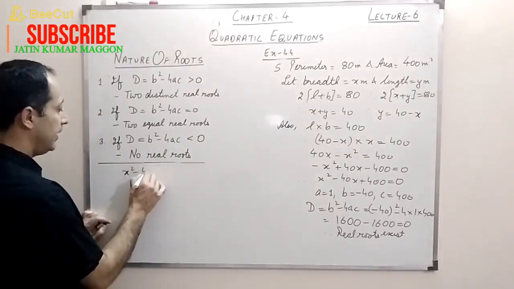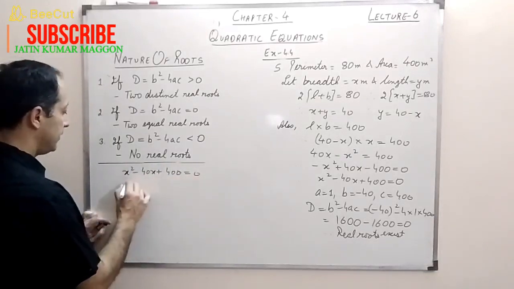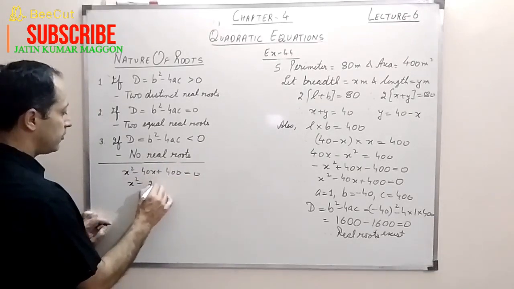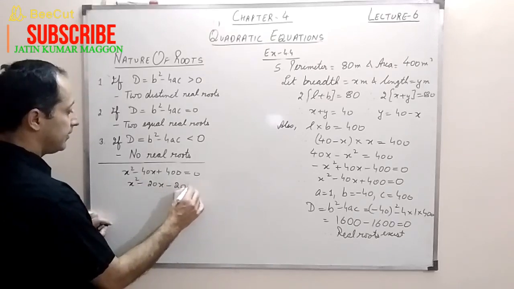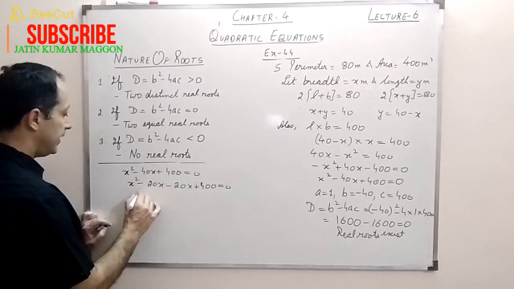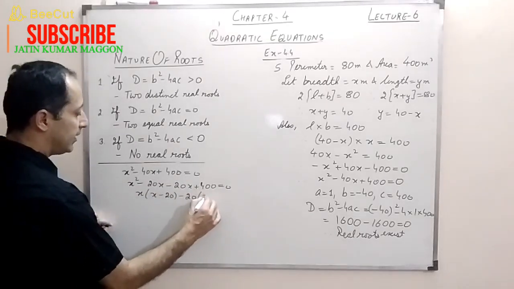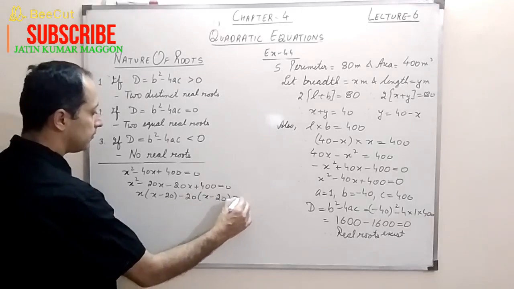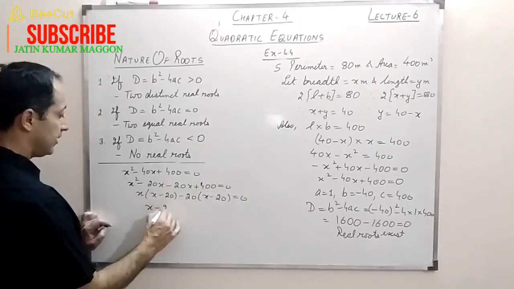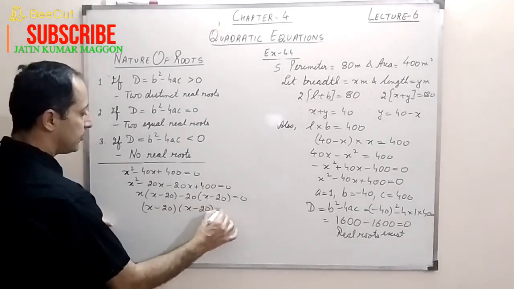If we apply the factorization method, then also we can simplify. This is x square minus 20x minus 20x plus 400 equals 0. Or we can say x into (x minus 20) minus 20 into (x minus 20) equals 0. So we have the factors (x minus 20) into (x minus 20) equals 0.